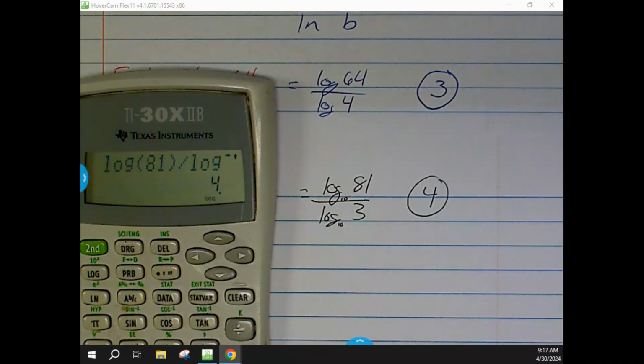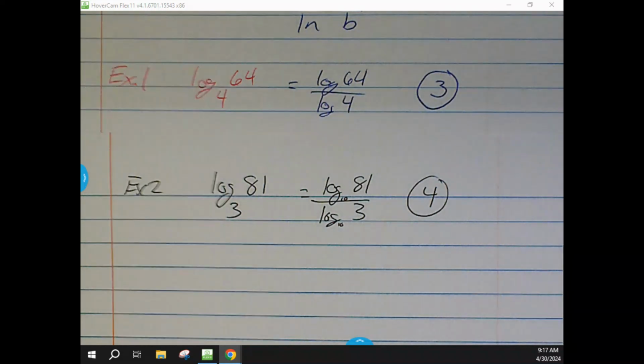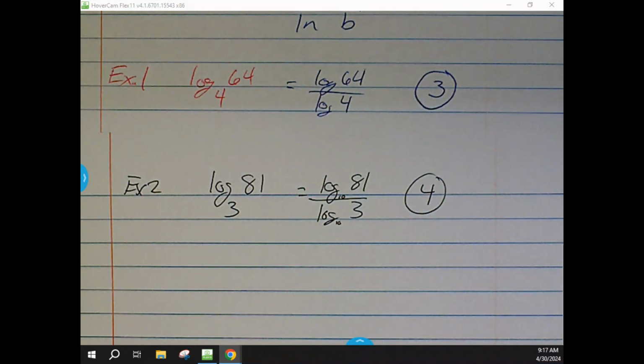And your answer is just 4. If you don't get 4, make sure to let me know, because your calculator shouldn't be in the wrong mode. But it should be fine.